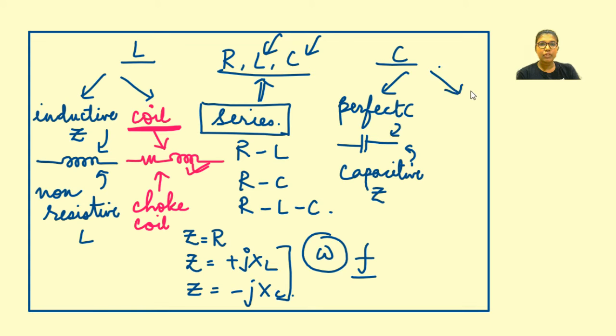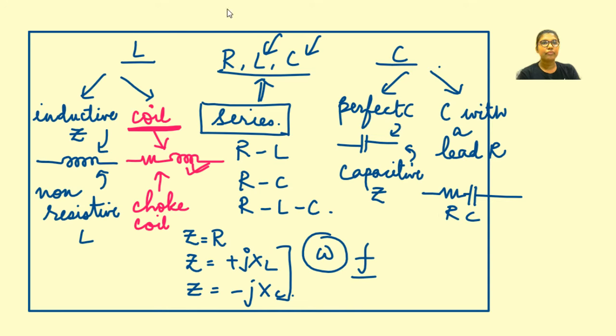But in case it is mentioned that it is a capacitor with a lead resistance, I'm repeating it here, a capacitor with a lead resistance, in that case you will have a small resistance in series with the capacitance. Clear with this part?